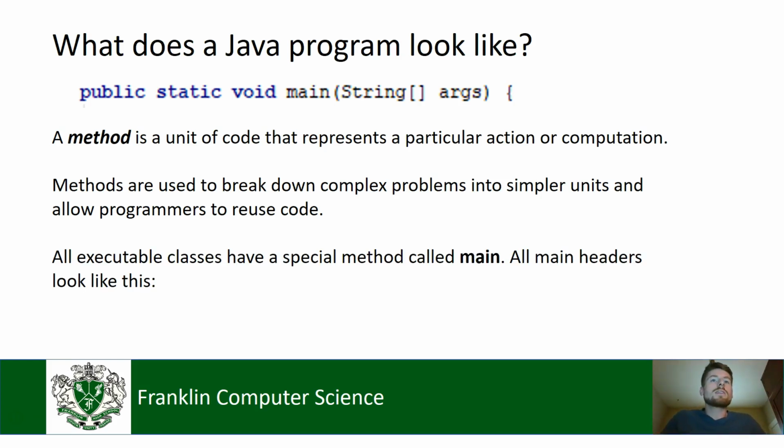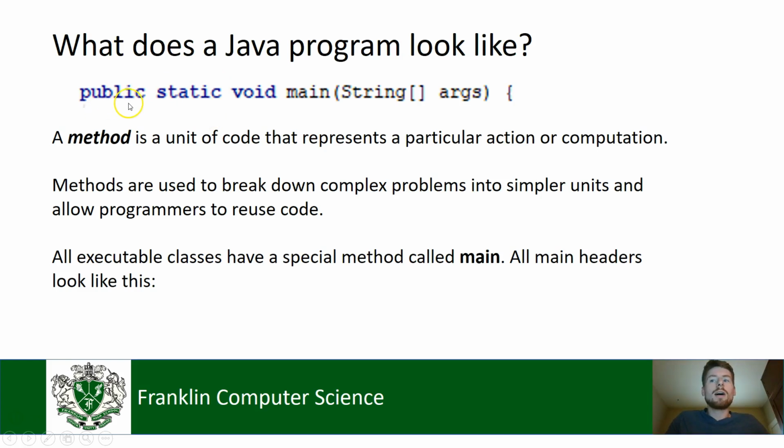So again, about this line here, all executable classes, so classes that can be run, are going to have this special method called main. And all the main headers look like this, which is up here at the top. Public static void main. For now, this keyword static, we're just going to write it. We don't know what it means yet.